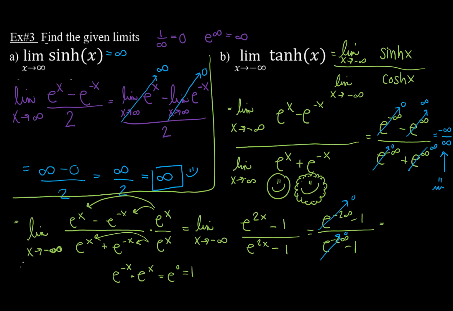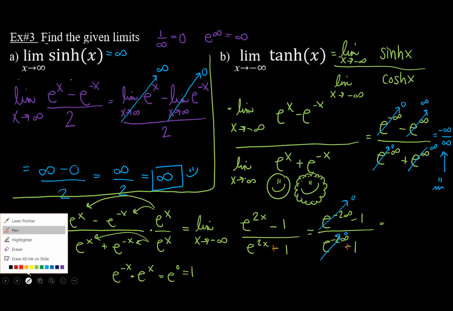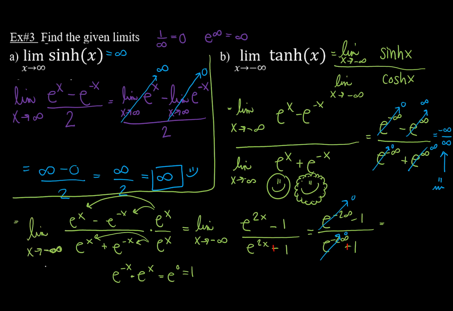Also, sorry, I have a typo. This is supposed to be plus, this is supposed to be plus. All right, next, I end up with 0 minus 1 and 0 plus 1. And negative 1 divided by positive 1 is going to give me negative 1. So this limit here is going to be negative 1.